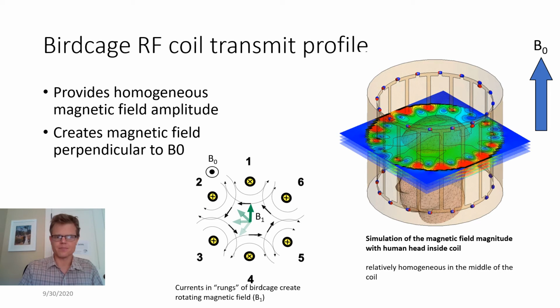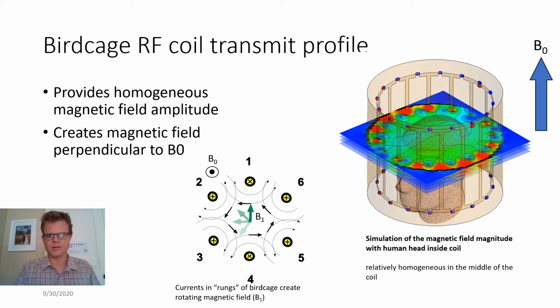And in this case, it's current going into the slide, because we can use the right-hand rule to say that a current going in one way is going to create a magnetic field going in the perpendicular plane. So what we can do is run current through these wires, and each one of them creates its own magnetic field.